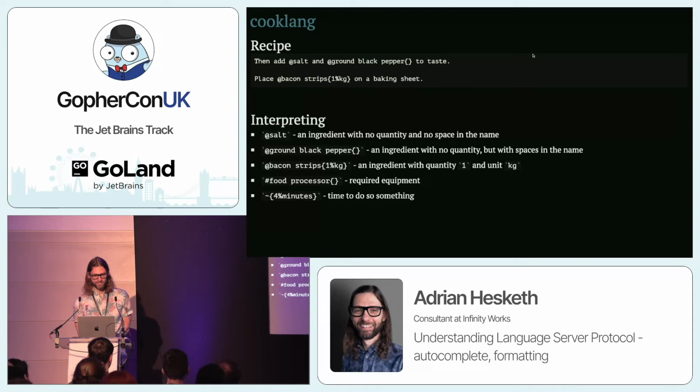And inside the curly braces, we can have quantities, so you might have @eggs and then 3 inside the curly braces, or you might have a unit or a quantity. You can also describe required equipment like a food processor, and you can put timers in as well, so that they have a similar behavior.